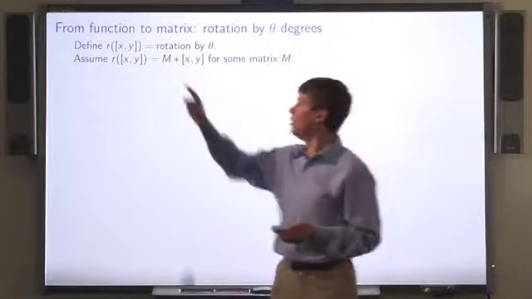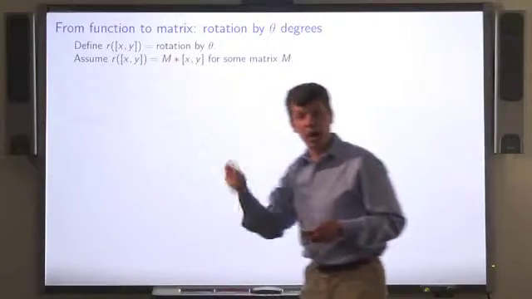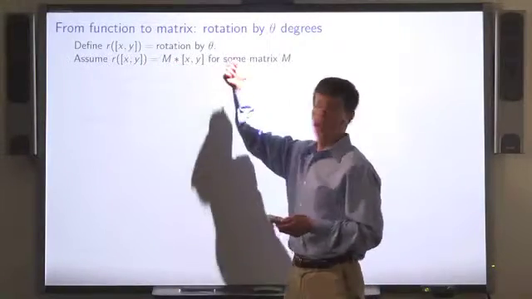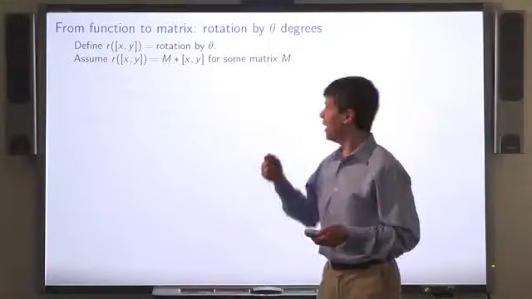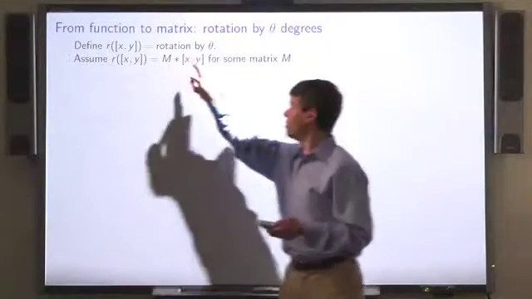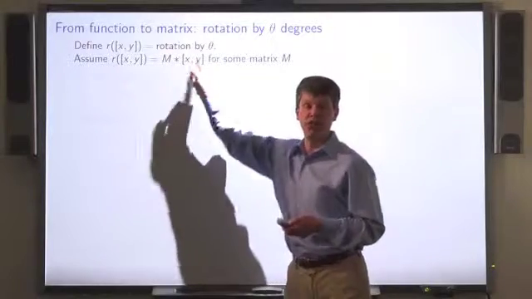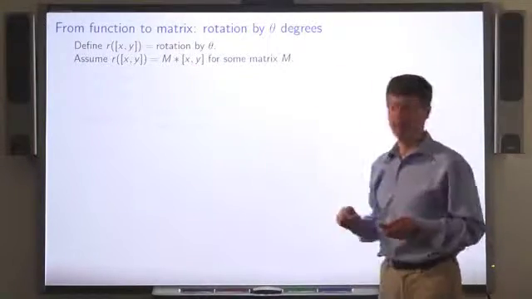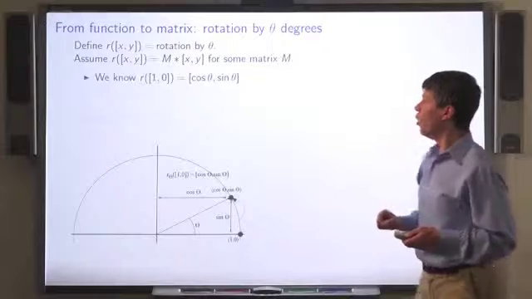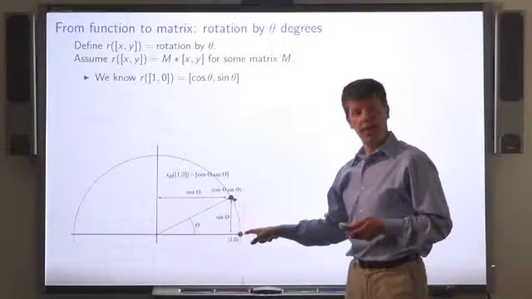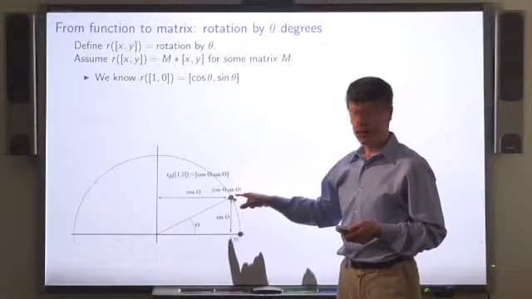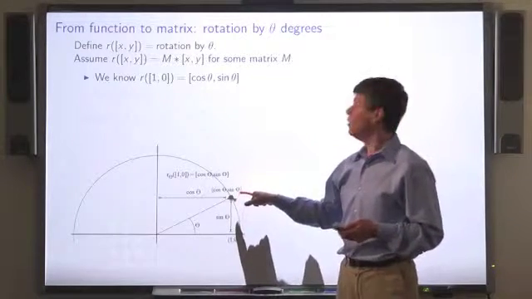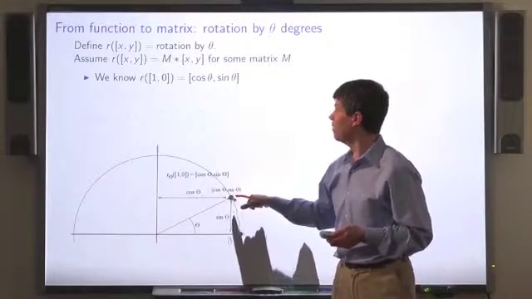Now we consider a generalization of the previous example. This time we define r to take a point xy and rotate it by an angle of theta. And we assume, as before, that the function is defined by matrix vector multiplication for some matrix M. Now, we know that rotating the first standard generator 1, 0 by an angle of theta should give us the point cos theta, sine theta.